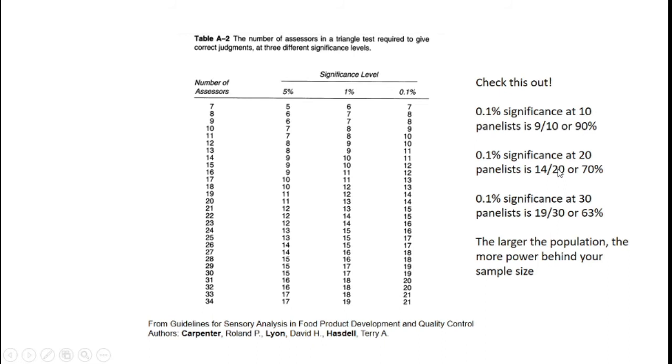But wait a second, if we're up to 20 panelists, now we only have to have 14 out of 20, or 70%. This is where the bigger your participant group is, the more confident you can be in the data, and the less you need such a large proportion scoring correctly to be confident in that data. So the larger your population, the more power you have behind your sample size.